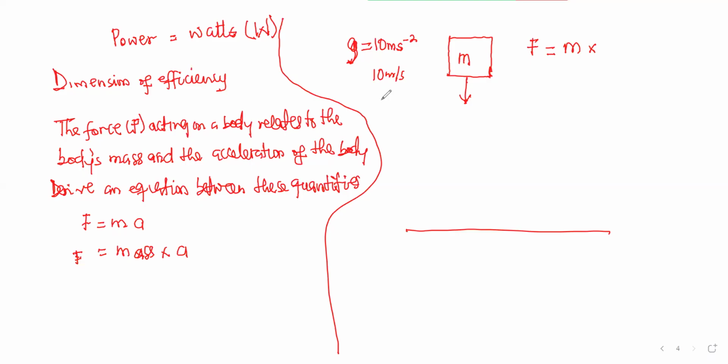So it falls with a speed of 10 meters per second within every second. And this value of g is constant so long as we are on the surface of the earth. And so that force becomes mg.